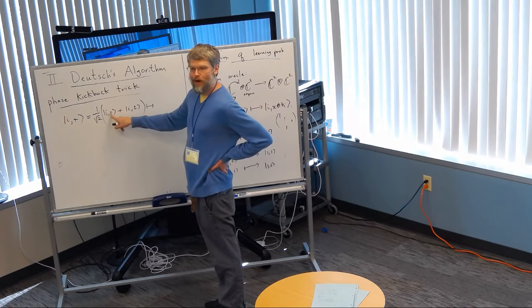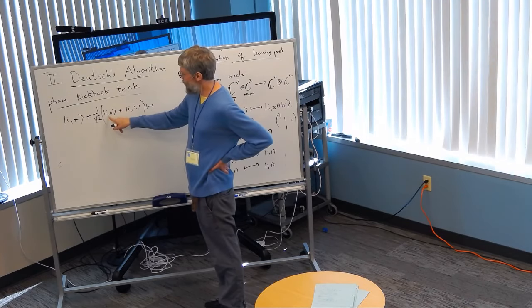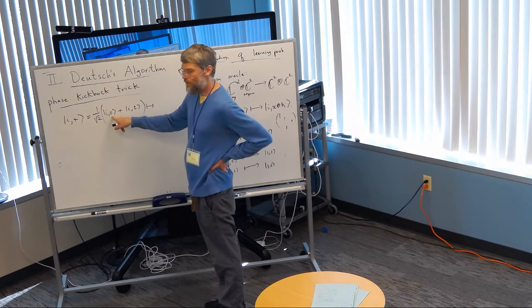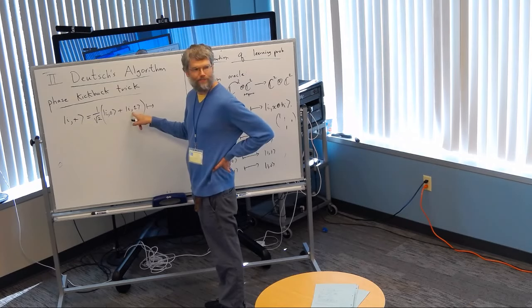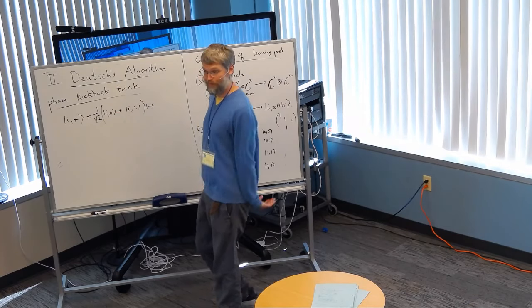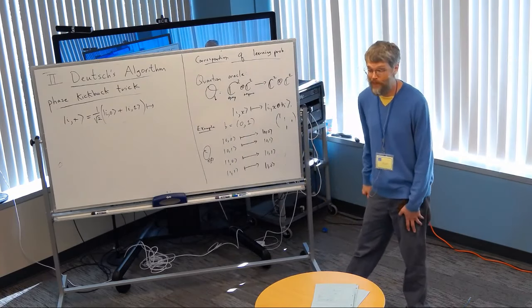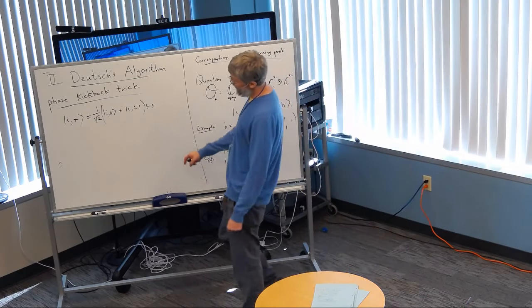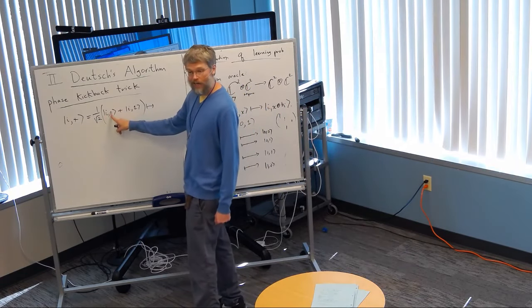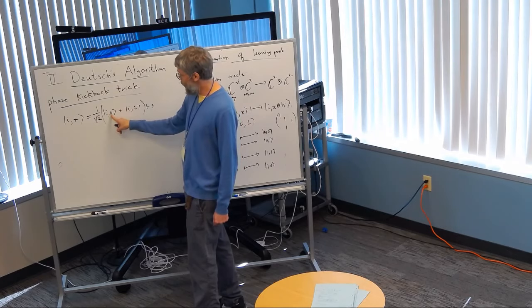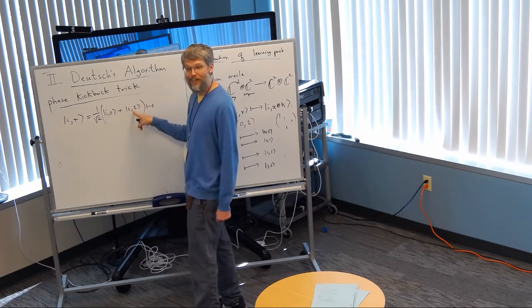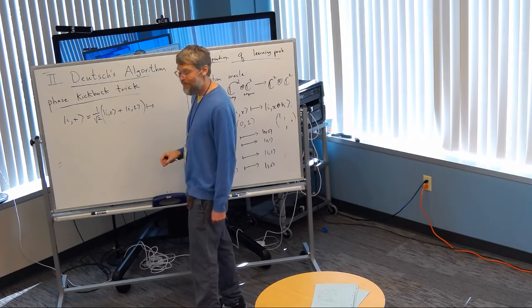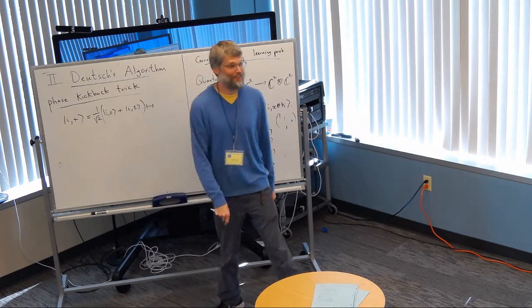Let's imagine that b sub I is 0. Then this thing goes to itself. What if b sub I is 1? Then that gets added into this state, so this state goes to this state, and this state goes to this state. They'll switch.